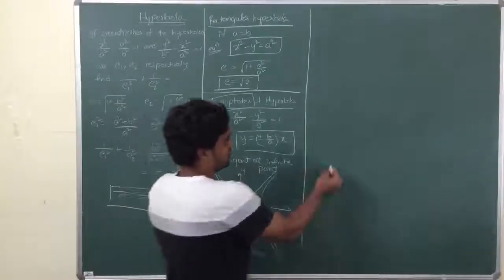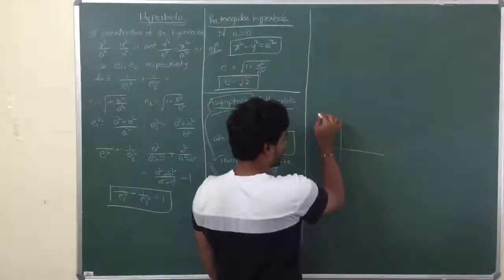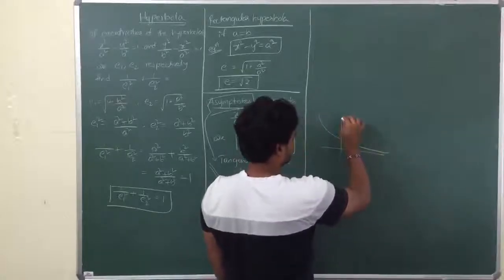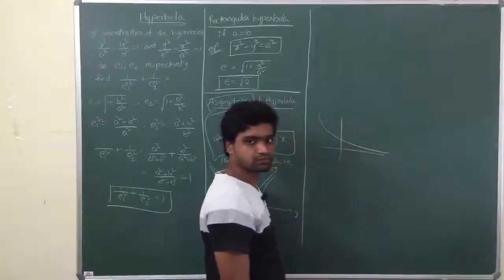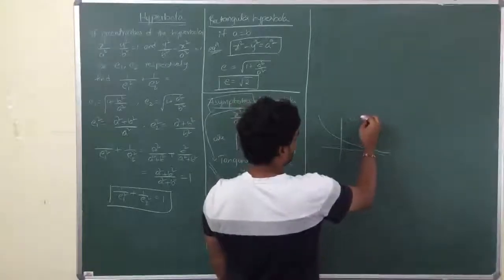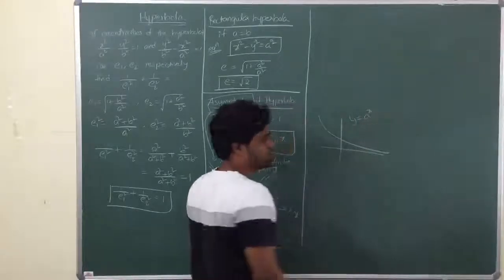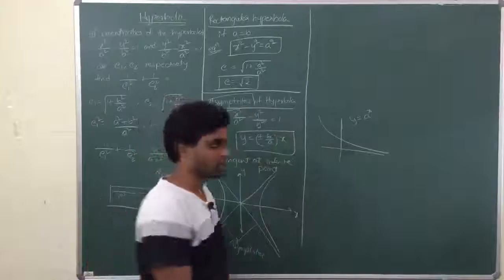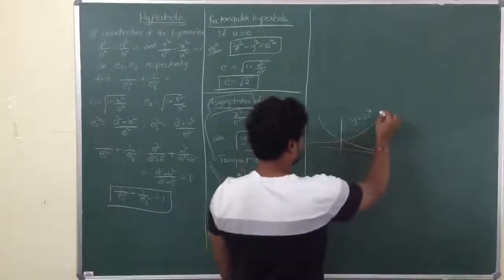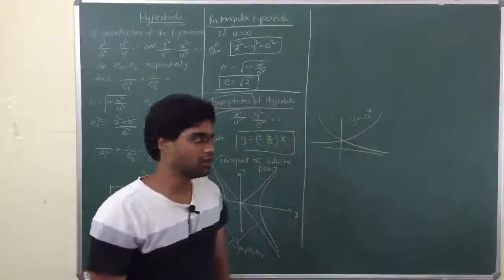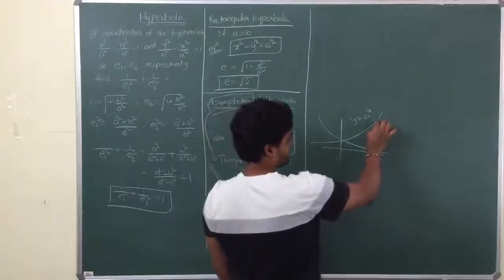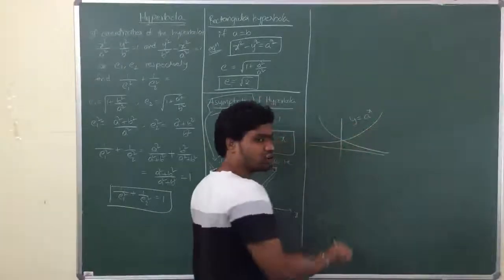See, do you remember this formula? So this curve, what is this curve? Y is equal to a power x, y is equal to e power x, whatever. This is also a curve. Both are y is equal to a power x.